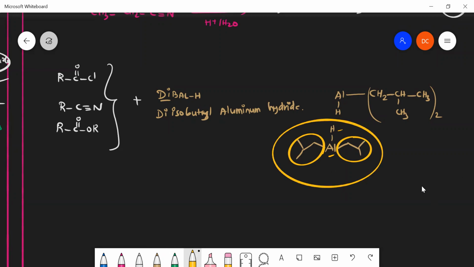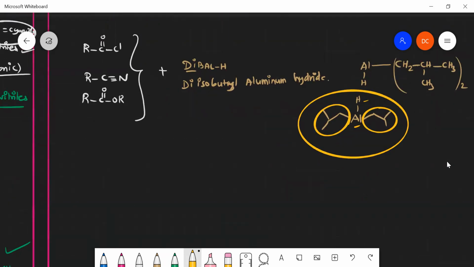So the importance of this reagent is that we can prepare aldehyde from acid chloride. What is the reaction? Last class we discussed Rosenmund, sir. Very nice. Here we need Rosenmund reduction, with reagents like palladium, barium sulfate, hydrogen.